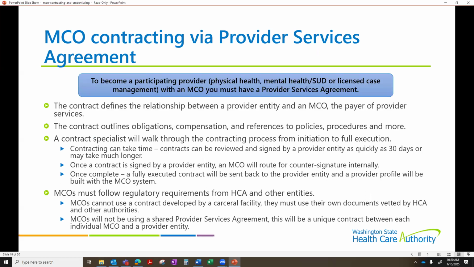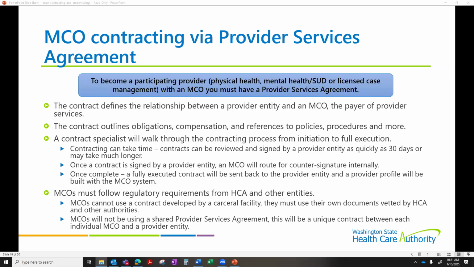Thank you. As you may recall from the decision tree, both Track A and Track B require a provider services agreement. In Track A, the community providers will be responsible for completing the agreement, while in Track B, the carceral facility will complete the agreement on behalf of its employed providers. The provider services agreement serves as a foundation of the relationship between the provider entity and the MCO.